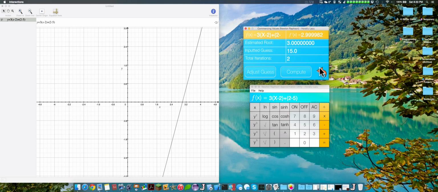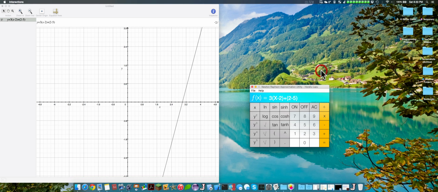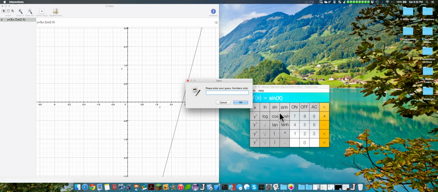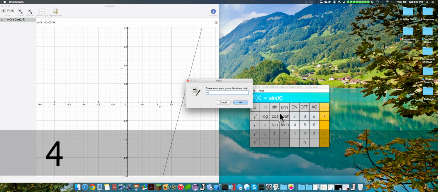Okay, now we can go back and try something more interesting, like trig functions. Sine of x, let's input around 4.